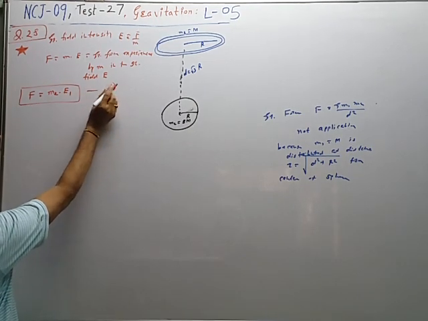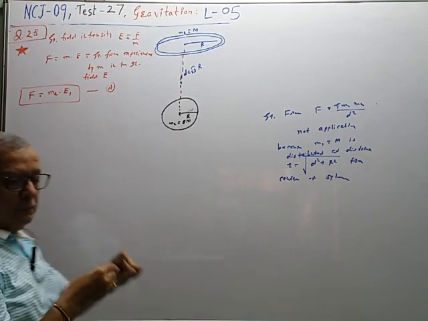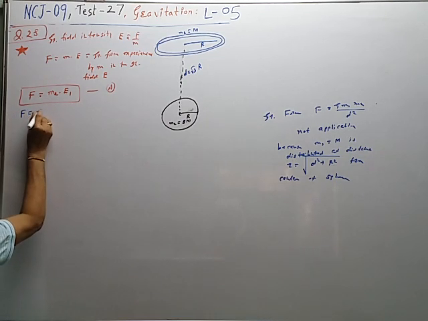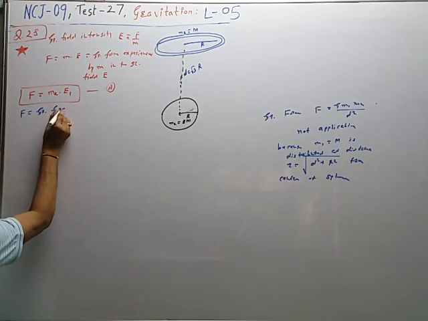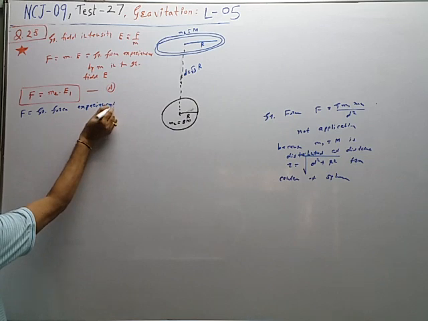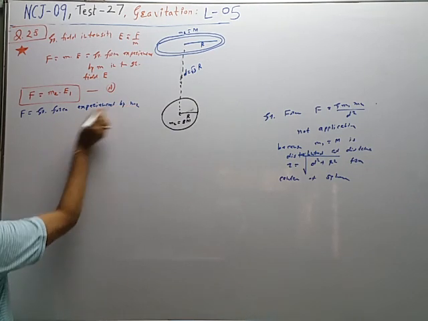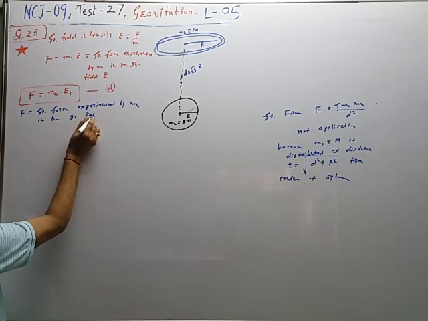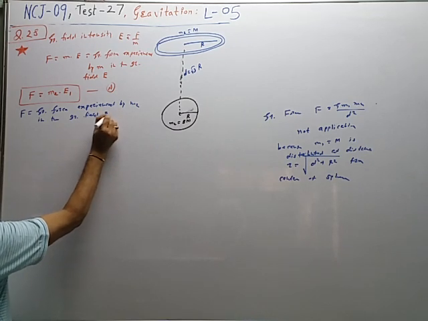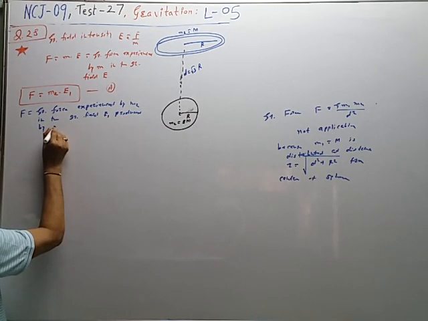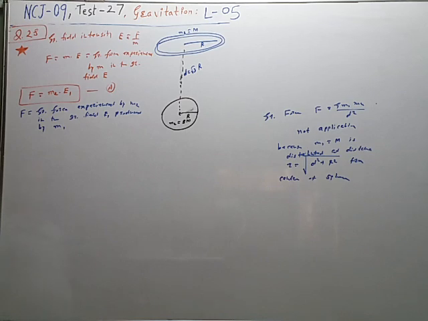This is the equation with capital E. F is equal to gravitational force experienced by M2 in the gravitational field E1 produced by M1 like this. So M2 we know, so what to find?